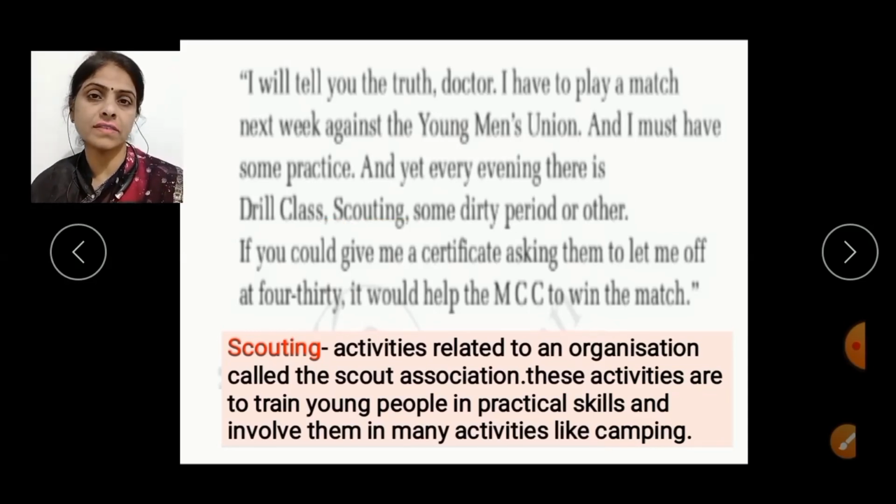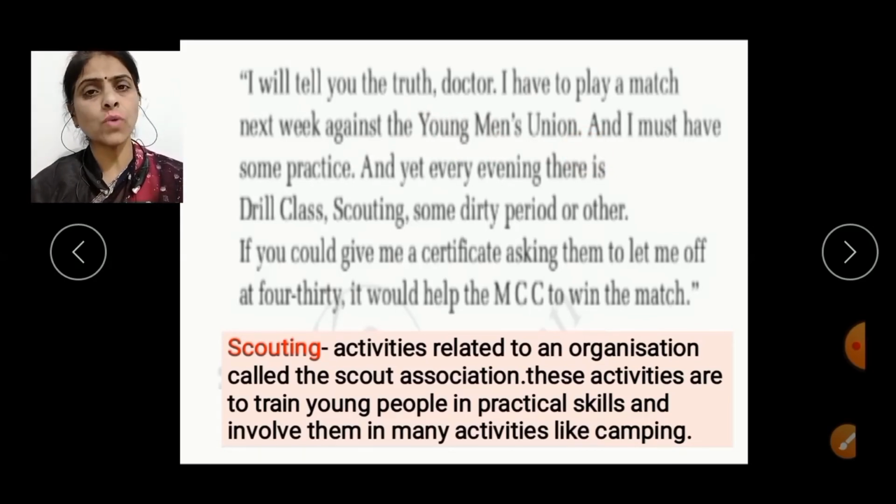On being asked the reason by the doctor, Swami told the truth that he had to play a match next week against the Young Men's Union and he needed practice, but due to drill class, scouting and some other period in the school, his evenings were busy and he failed to have regular practice.